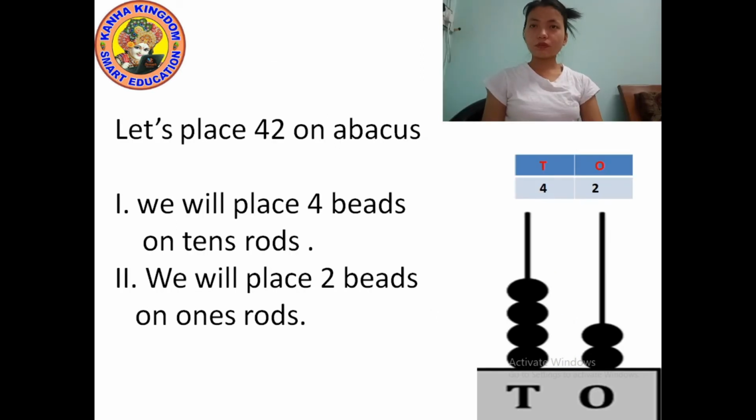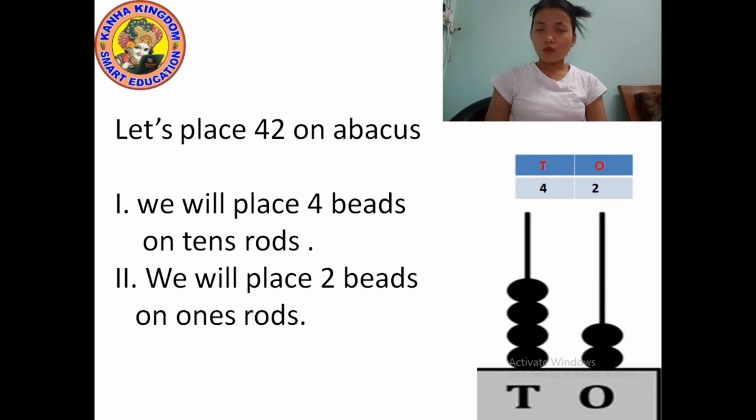Now we will place 42 on the abacus. First we have to see carefully which number is in which place. In 42, 2 is in the ones place and 4 is in the tens place.